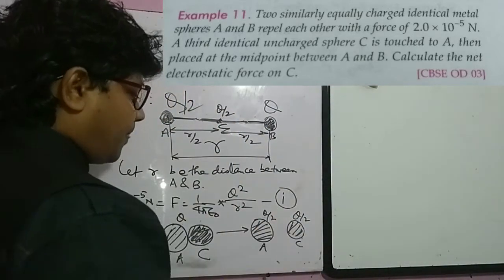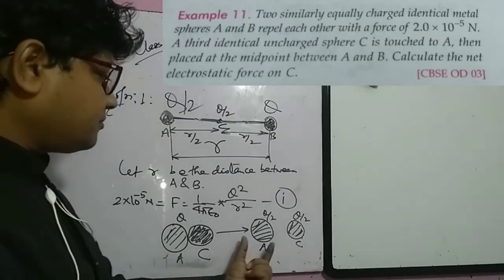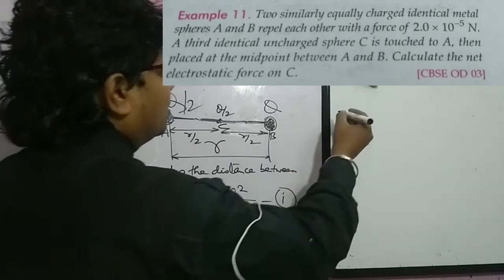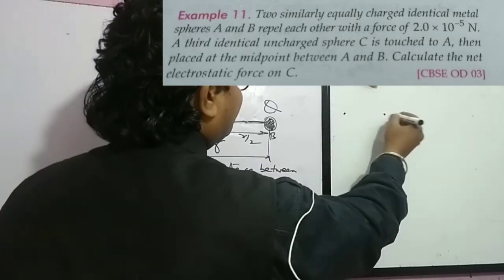This A is now Q by 2 and this C is now Q by 2. So it's better to get a separate picture.